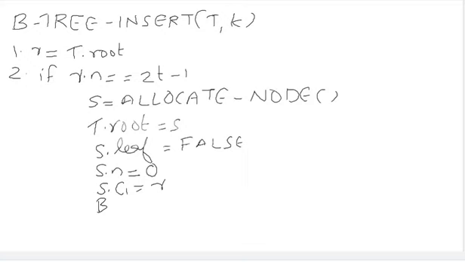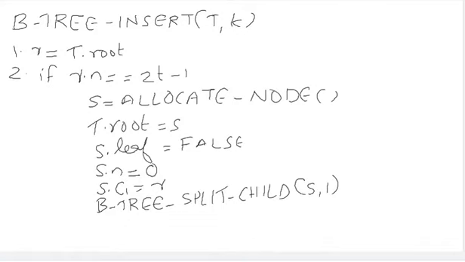Now we call B-tree split child, since we know that node R is a full node and we need to perform a split operation on it. That is B-tree split child of S comma 1. S is the newly created empty root node, and 1 designates the position of its child.